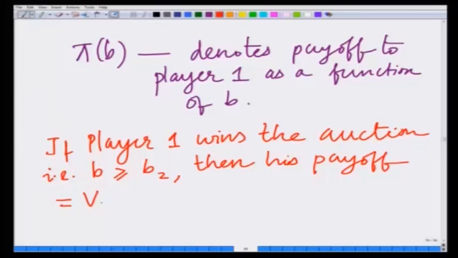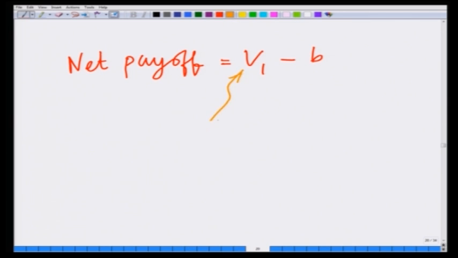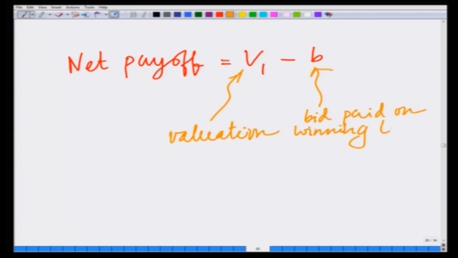So, his net payoff is V1, that is his valuation, minus the bid amount B. Net payoff equals V1 minus B. V1 is this valuation, while bid B is the bid paid on winning the auction.